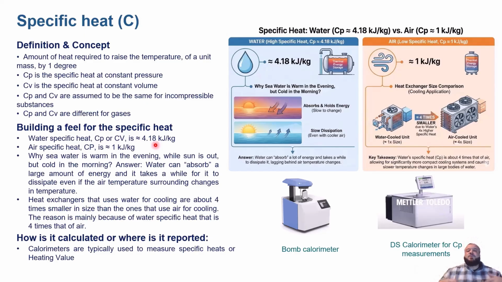So it takes a tremendous amount of time, all day long with the sun up. The sea is absorbing heat, and it's going up in temperature. And it takes a while for all that heat consumed to dissipate. But the air is changing very quickly.